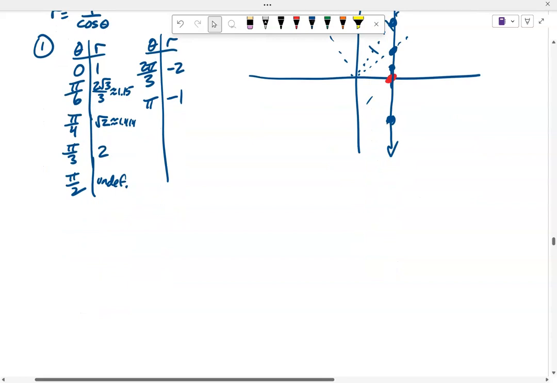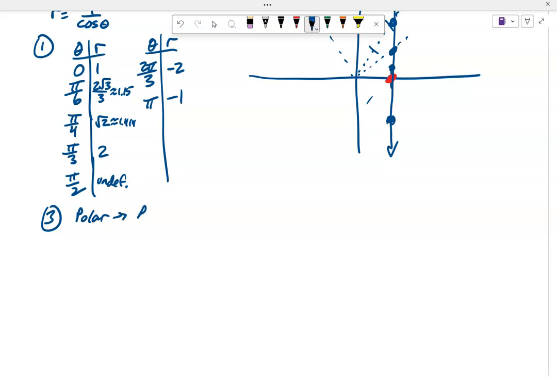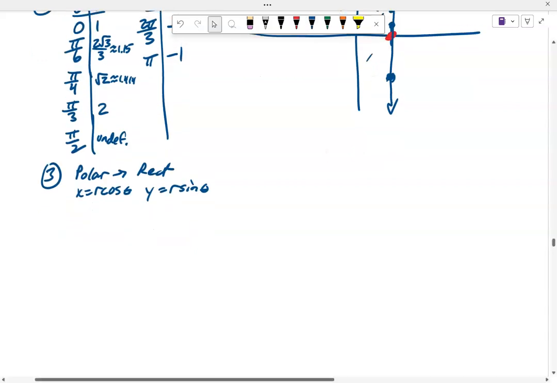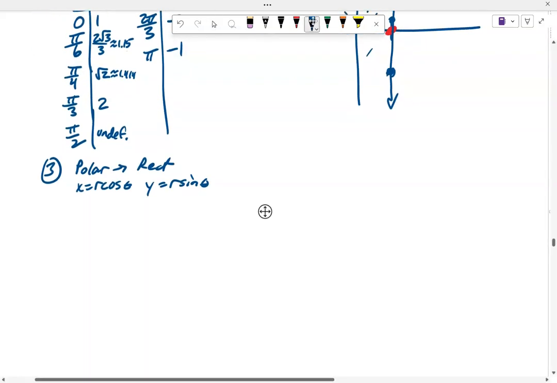So we could convert to step 3, polar to rectangular. And remember, we have x equals r cosine theta, y equals r sine theta. We could even convert our polar coordinates, r theta, with this. For example, 1, 0.